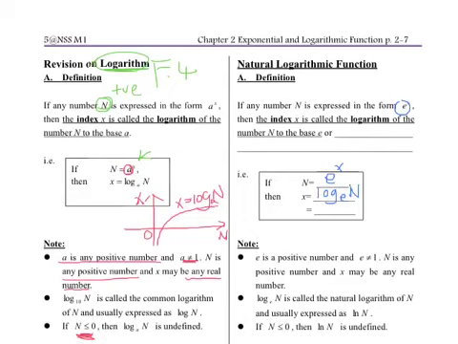So if we express that as n equal to e to the power x, then x is equal to the logarithm of n to the base e. When the base is e, we call it natural logarithm, ln n.